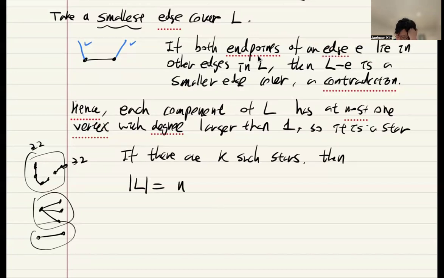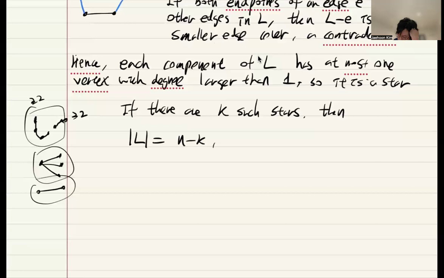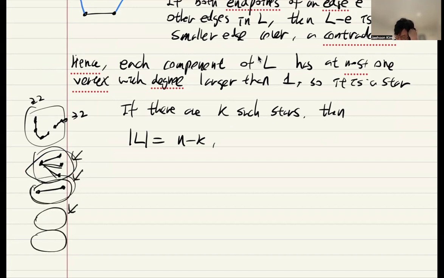L has n minus k edges. Why? Every 4 vertices it uses, you have 3 edges. Every 2 vertices, you have 1 edge. So every time you have a component, you have 1 less edge than the number of vertices.